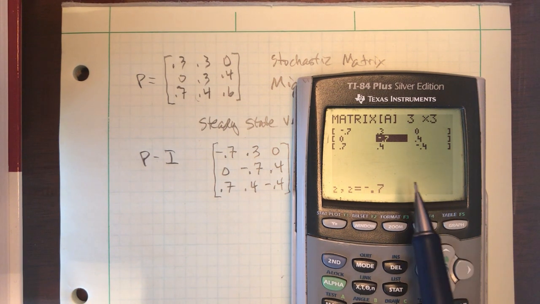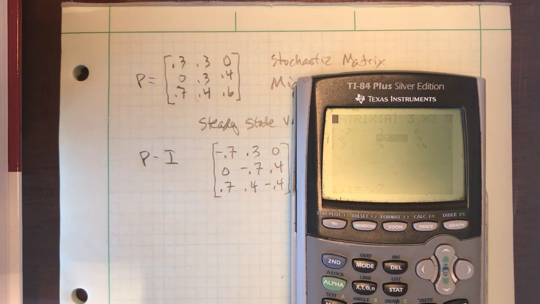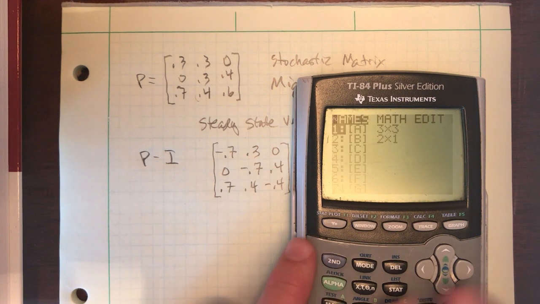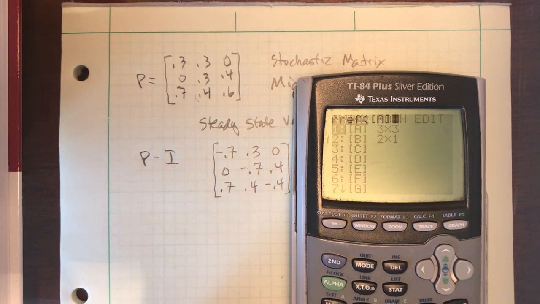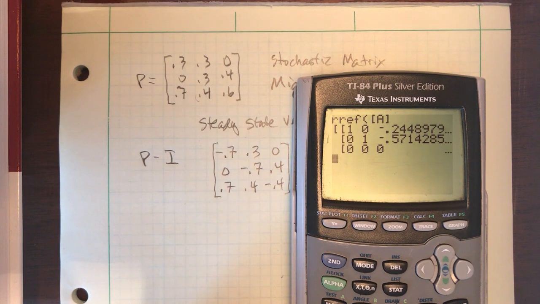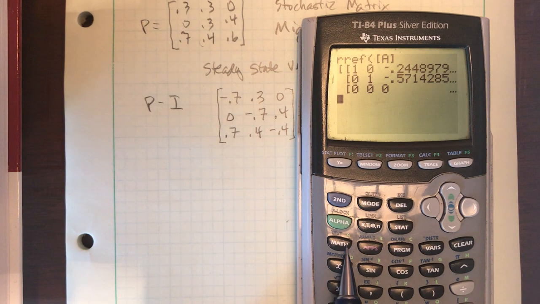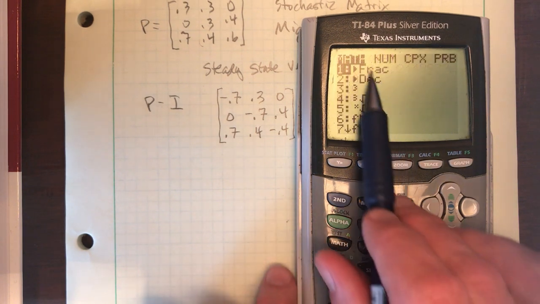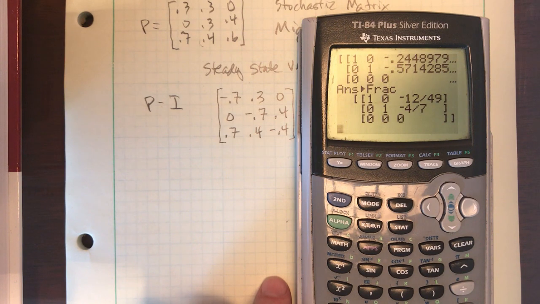Anything else? Good, good, good. All right, so we're back to row reducing that, and yikes. What's happening here? Just make sure you know that there is a quick conversion button that's going to make that look cleaner. Under math, choose number 1 for convert to fraction, and I can work with that much better.